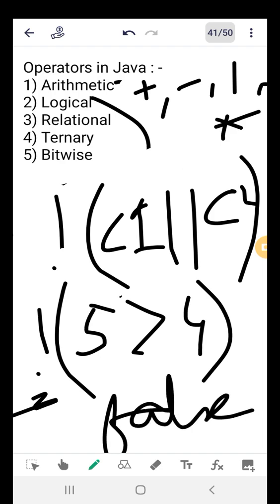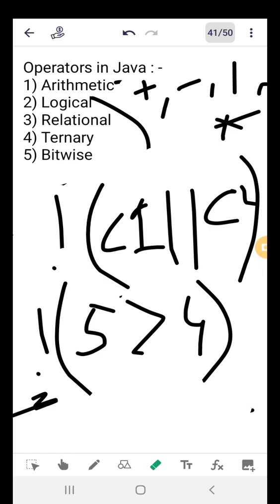For example, the condition is 5 is greater than 7.